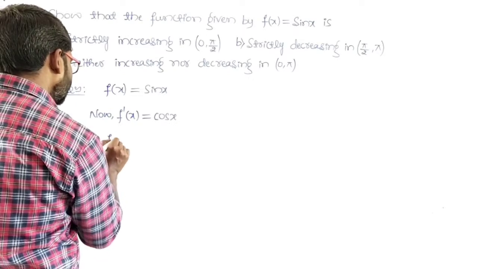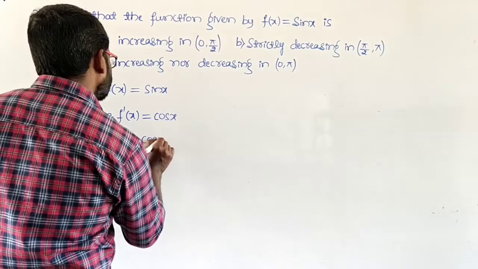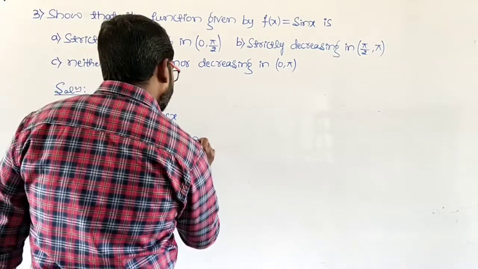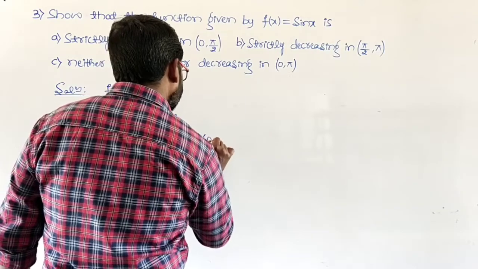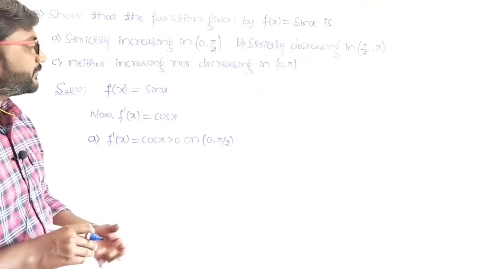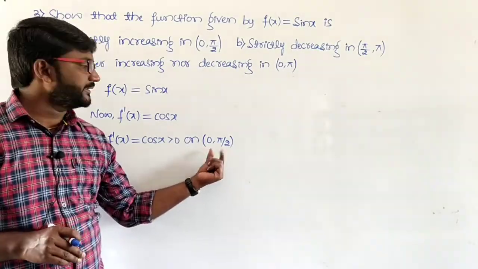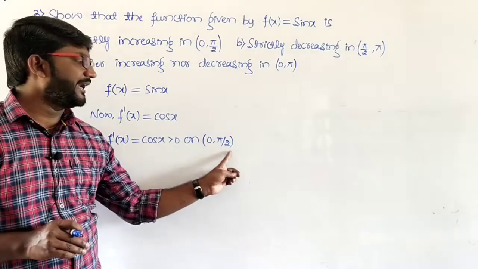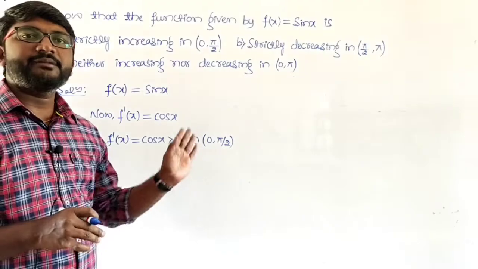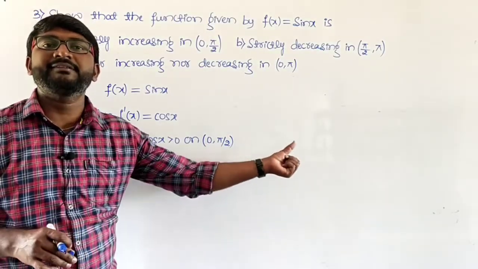Here, f dash of x equals cos x is going to be greater than 0 on the open interval 0 comma pi by 2. Open interval means you leave the end points and take in-between values, 0 to 90 degrees. You can take 30, 45 and 60 degrees, that is pi by 6, pi by 4 and pi by 3.